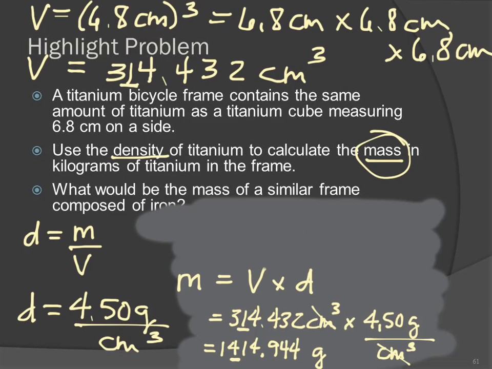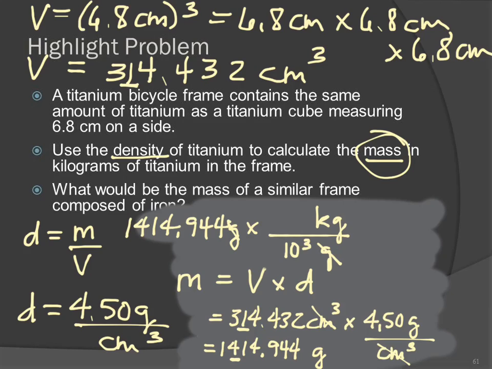We don't need them anymore. So we're going to take this 1414.944 grams. We're going to convert to kilograms. So we multiply by kilograms, the unit that we're going to. We divide by the unit that we start with. Kilo means 10 to the third. We put it on the other side of the line. And when we do that, we end up with the same answer.